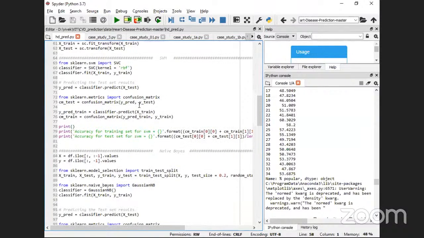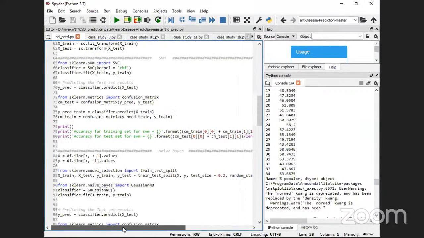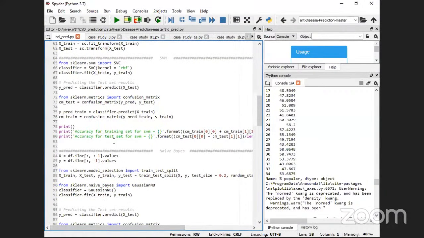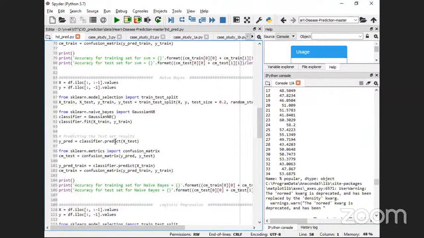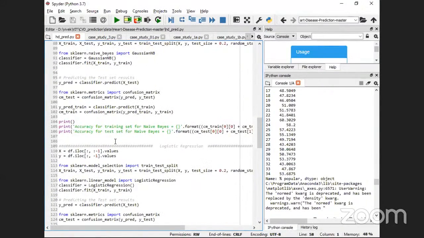Then you can generate the confusion matrix to get the accuracy, where you can write the formulas for accuracy on testing and training samples. Likewise, it is carried out for all the algorithms, with respect to Naive Bayes and logistic regression. These are algorithms used for supervised learning models, right?